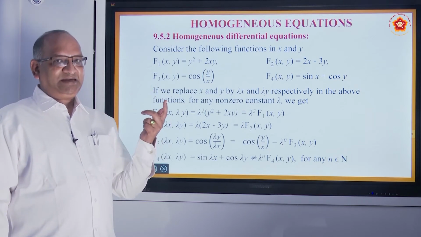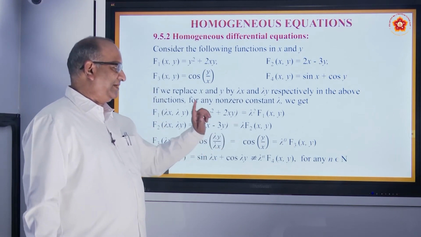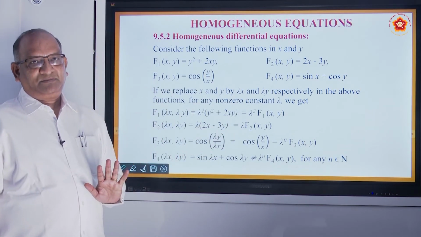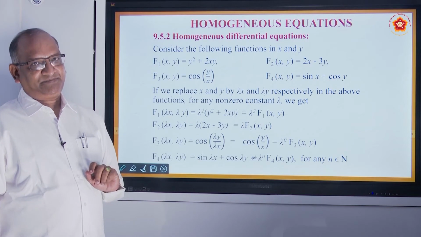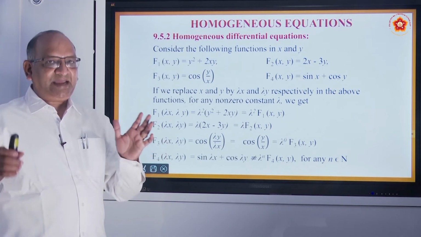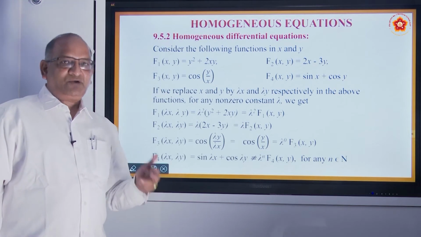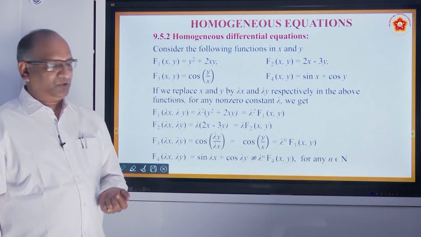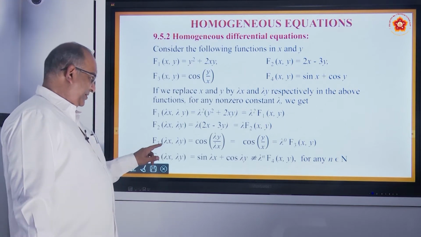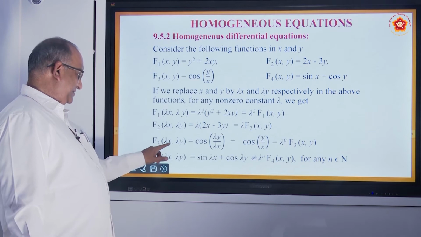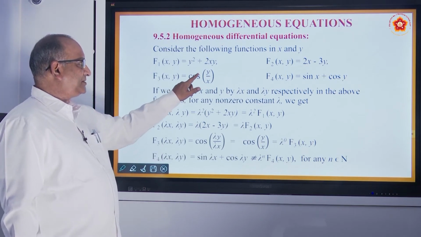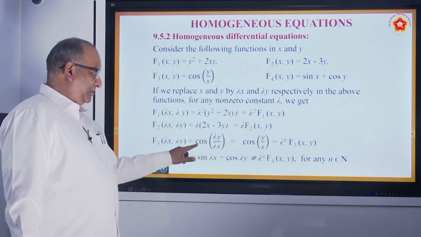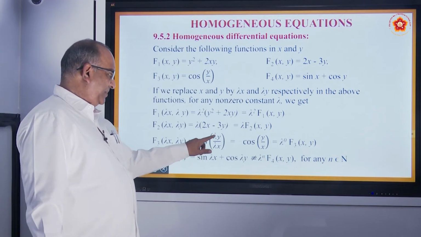So in general, it should be lambda to the power n. It can be squared, it can be 1, whatever it is. Then it becomes homogeneous. You should be able to get the same function times lambda to the power n, and n can be any whole number. Look at the third one. Here also we have replaced with lambda x and lambda y. What do we get? Cos of lambda y by lambda x.